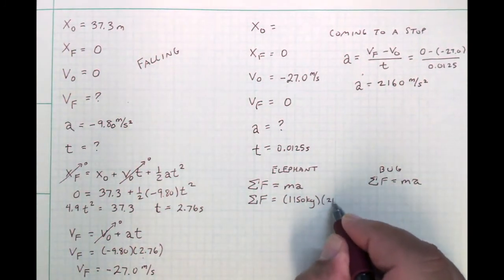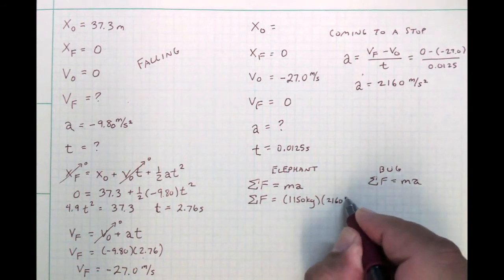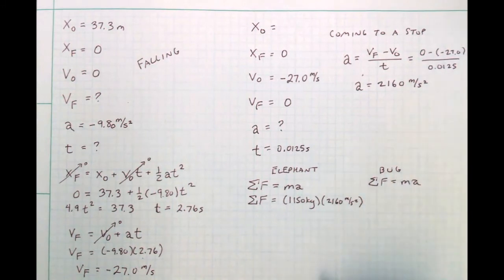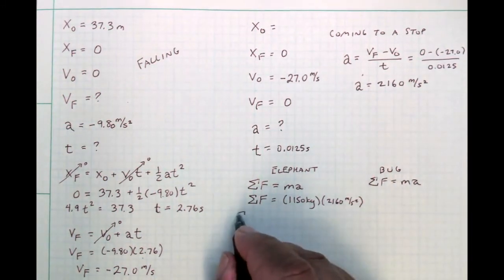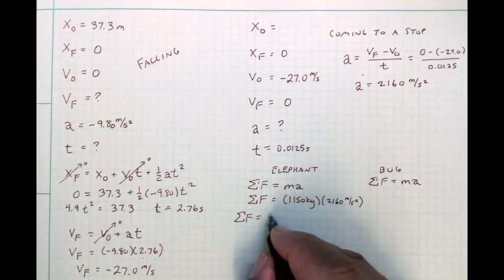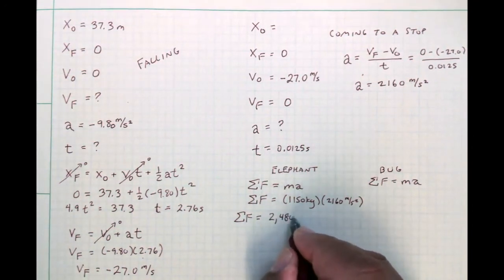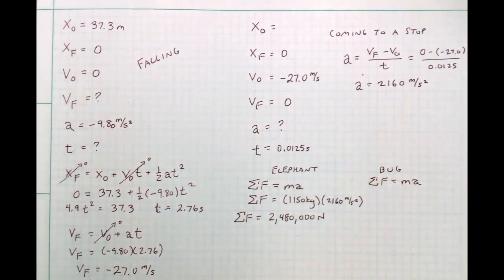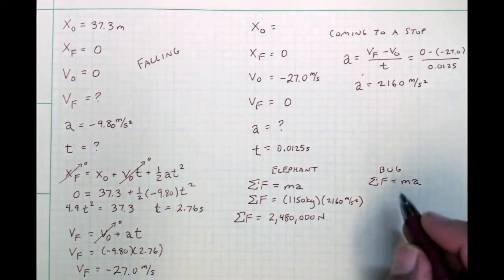And the acceleration is 2,160 meters per second squared, as we calculated up here. That gives us a net force felt by the elephant of 2,480,000 newtons. That is the net force required to bring the elephant to a stop.